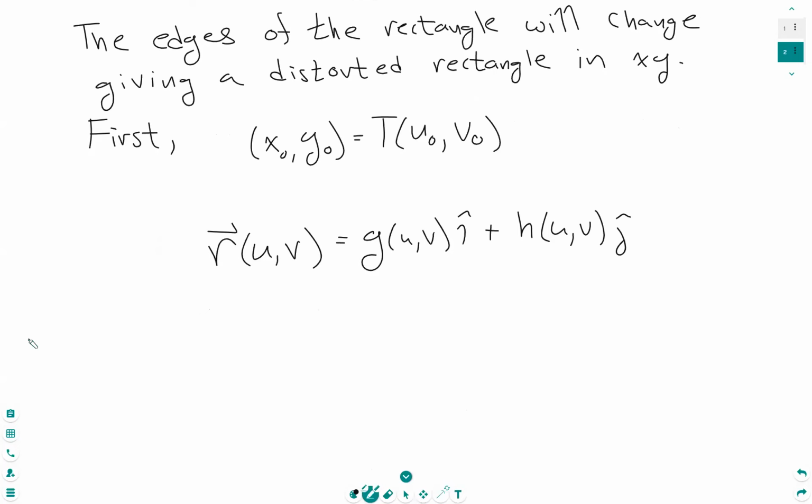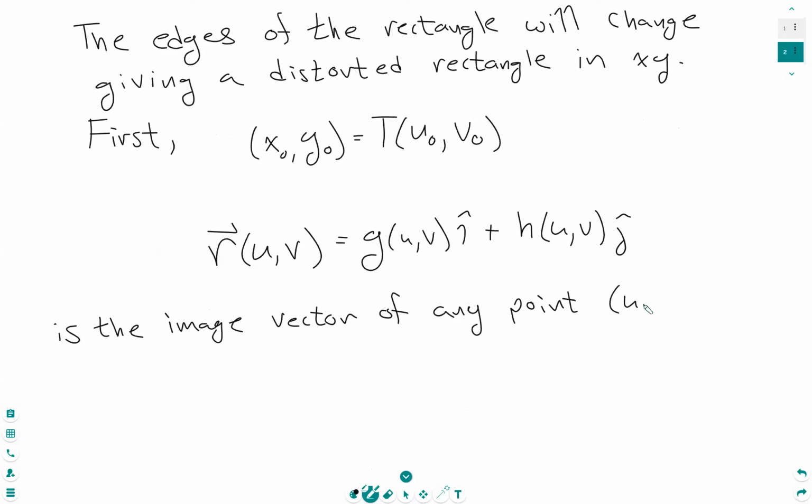So this is the image vector of any point u and v.